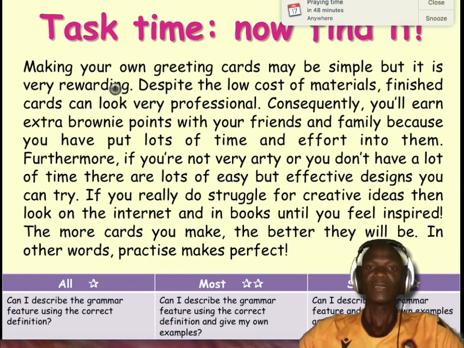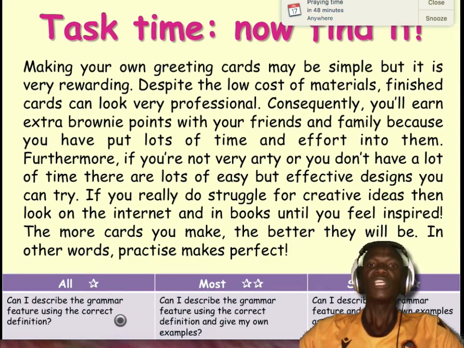Making your own greeting cards may be simple, but it is very rewarding. Despite the low cost of materials, finished cards can look very professional. Consequently, you will earn extra brownie points with your friends and family because you have put a lot of time and effort into them.